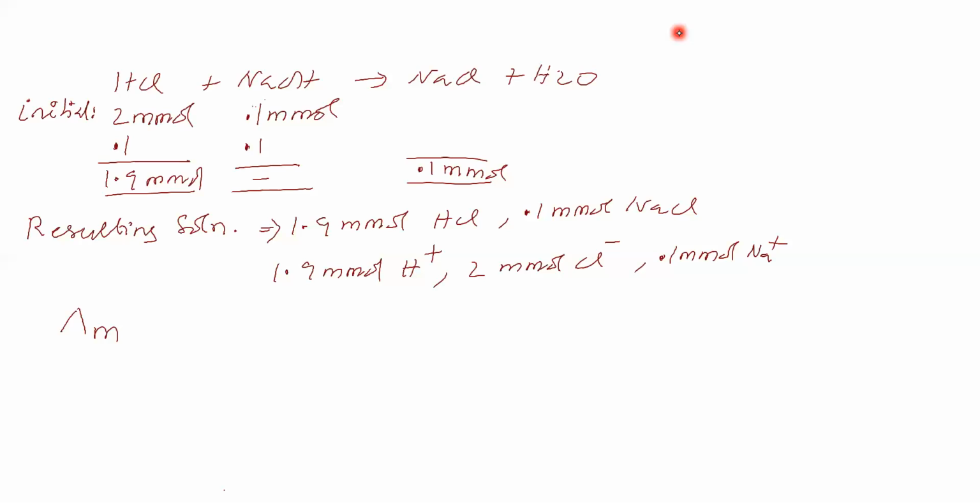Molar conductivity of the solution before adding sodium hydroxide and after adding sodium hydroxide will be different or same? Okay, you are saying different. So the molar conductivity of the solution will vary due to the addition of sodium hydroxide solution. Why? Because the nature of H plus and Na plus is different, no?